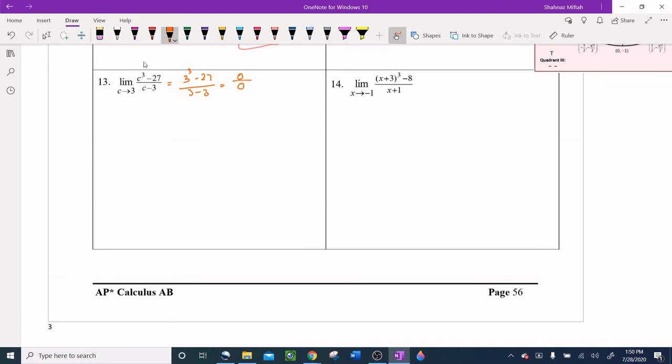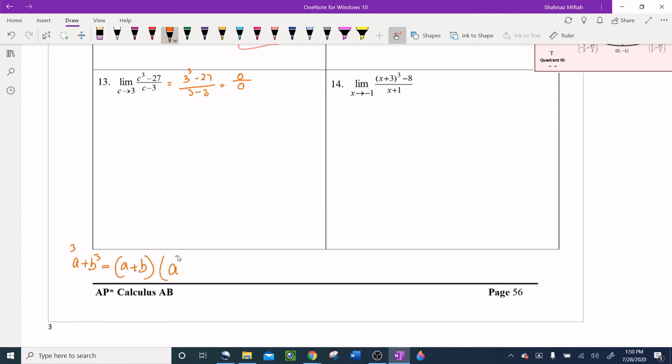When you see c cubed, I gave you this before in one of the videos, where I said to memorize it, and I'm going to give it to you one more time up here. If you have a cubic function, a cubed plus b cubed, you can factor it as a plus b. The first factor has exactly the same sign: if this is plus, then that is plus.